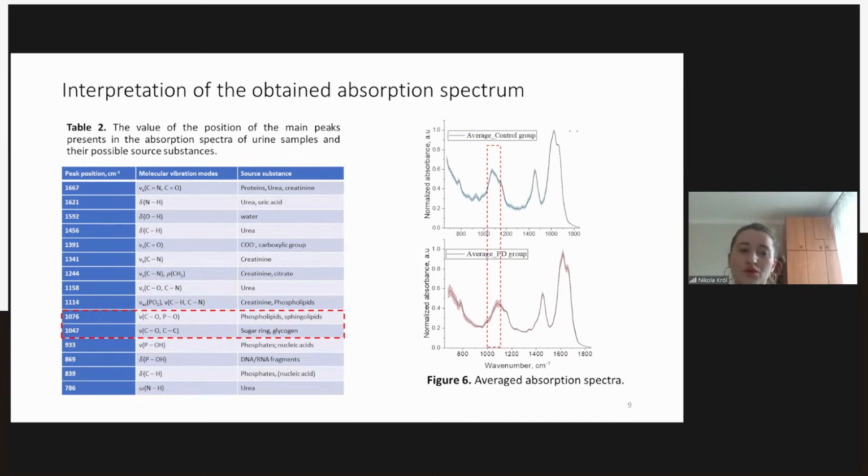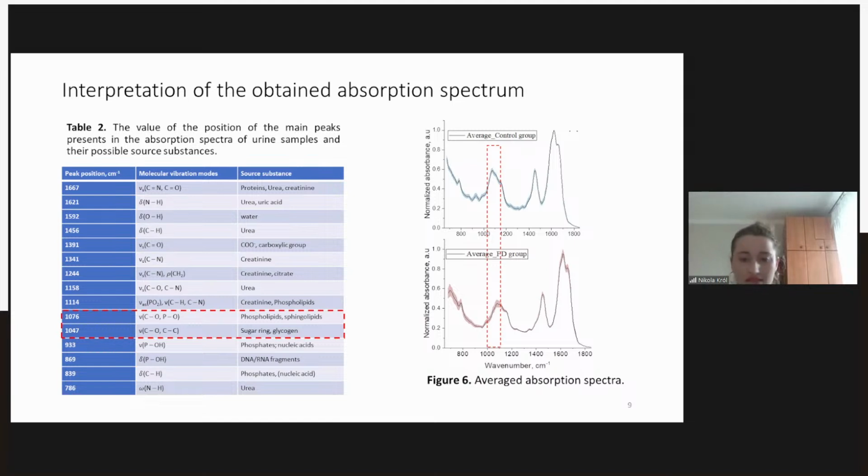The following slide shows a table with a decoding of peak positions according to the vibrational motion sources of substances, and the main interest here is two peaks highlighted in red dashed lines, as in figure 6, which correspond to CO and CC symmetrical stretching vibrations related to galactose chains, located generally in the spectral region of 1,000 to 1,150 inverse centimeters, as well as other urine components.